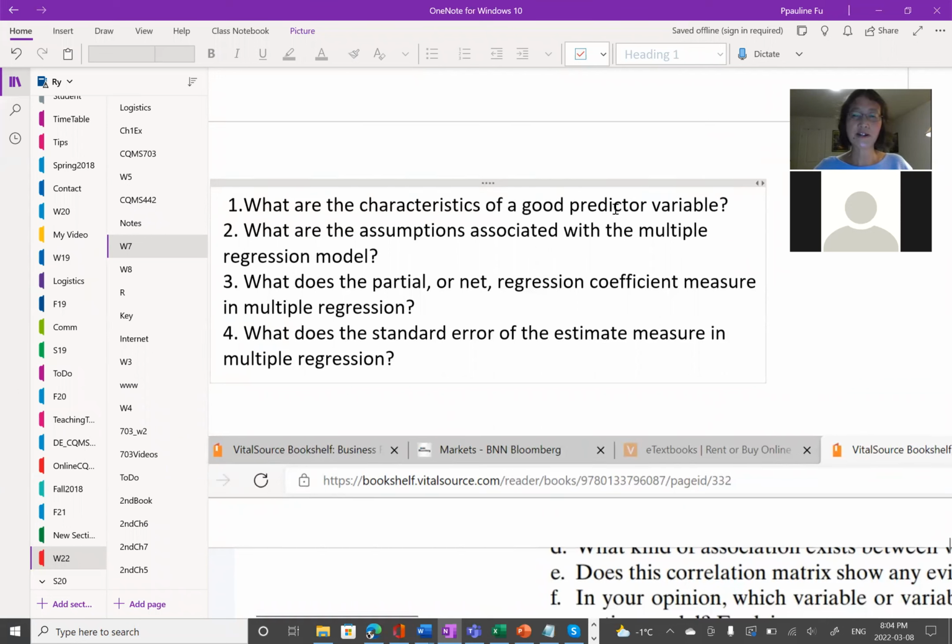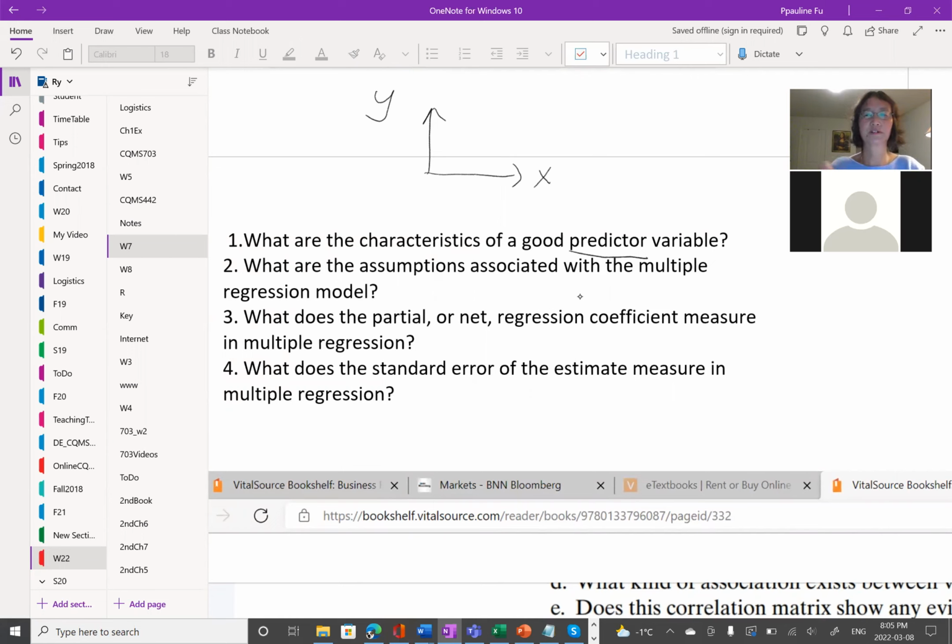By the way, predictor, we also call independent variable. So x is a predictor and y is dependent variable, which we also call criterion. So what is a good predictor? There are 2 characteristics. One, it will contribute a lot to y. Two, this predictor will not relate to other predictors. So this is question 1.